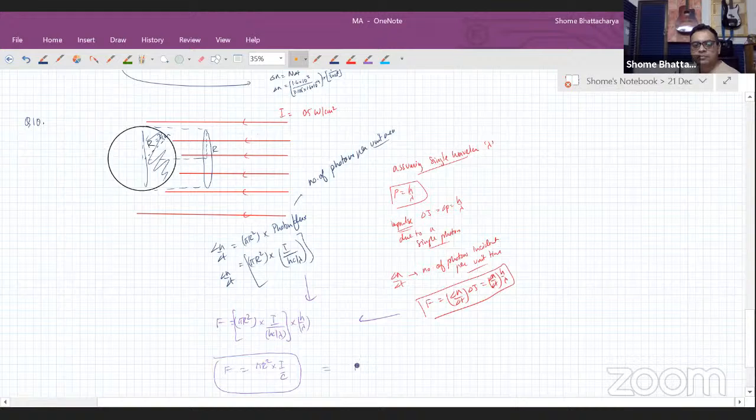So here this will become pi into 3 into 10 raised power minus 2 whole square multiplied by the intensity, which will convert to watts per meter square. So 10 raised power 4 in watts per meter square divided by the speed of light, which is 3 into 10 raised power 8. So this is the value of the force we should be getting.